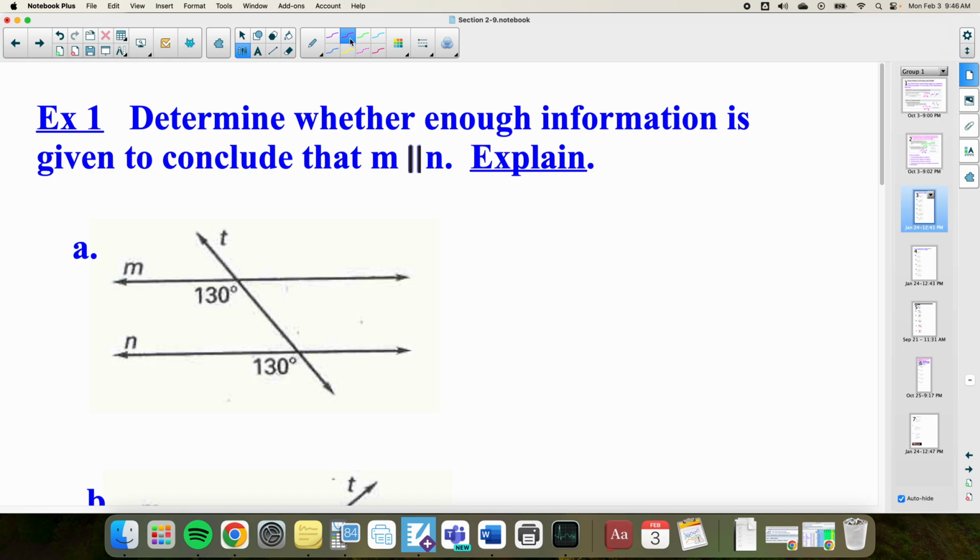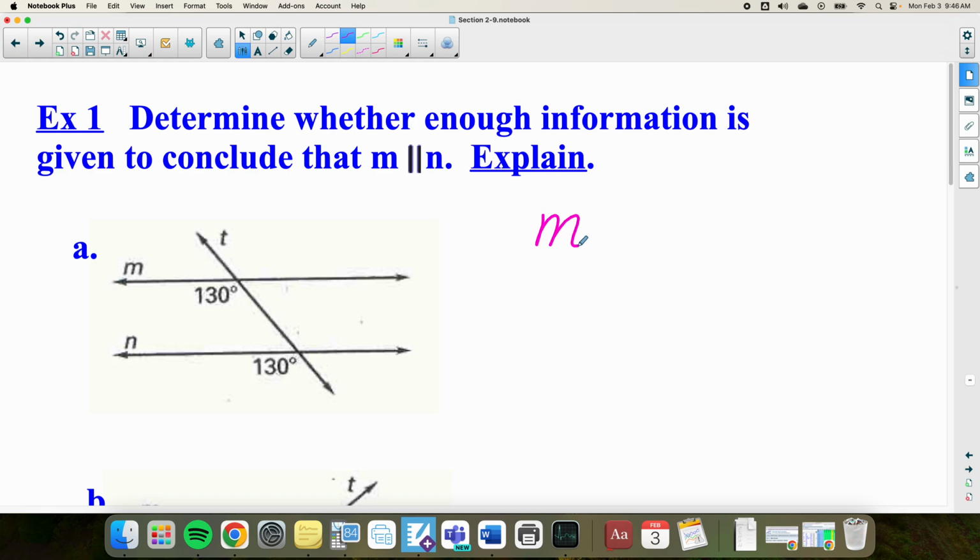Out of alternate interior, alternate exterior, corresponding, or consecutive interior? Corresponding. And do we want corresponding to be equal? We do, right? So then what I can say is M is parallel to N.